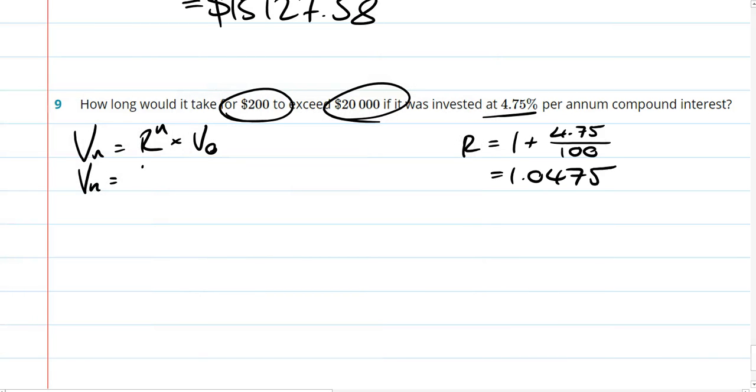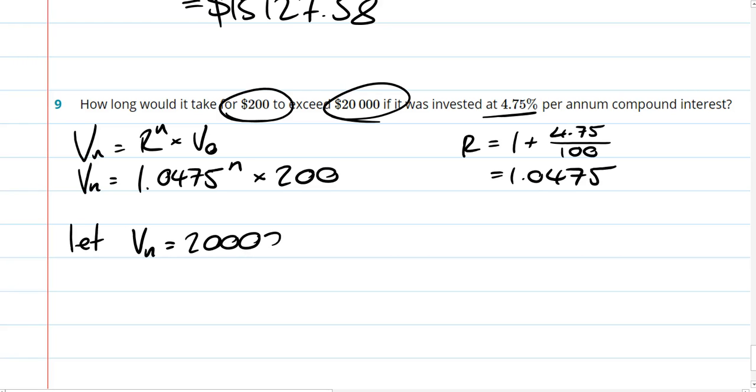So that's going to be R over here. Vn equals 1.0475 to the power of n times 200. We want Vn to be equal to 20,000. So we're going to get 20,000 is equal to 1.0475 to the power of n times 200.